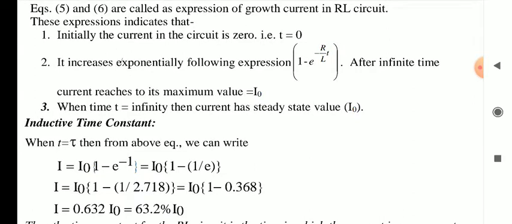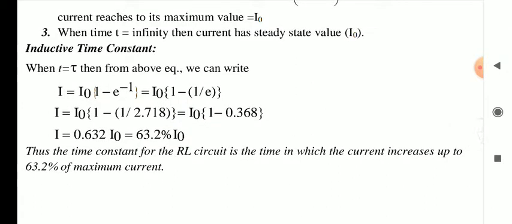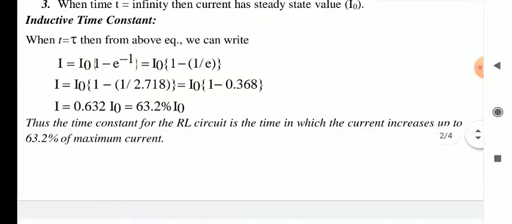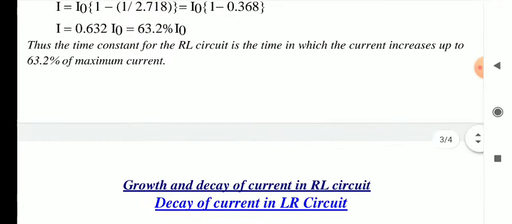On simplification, i is equal to 0.632 times I naught, that is 63.2% of the maximum current I naught. Thus the time constant for an RL circuit is the time in which the current increases up to 63.2% of the maximum current.